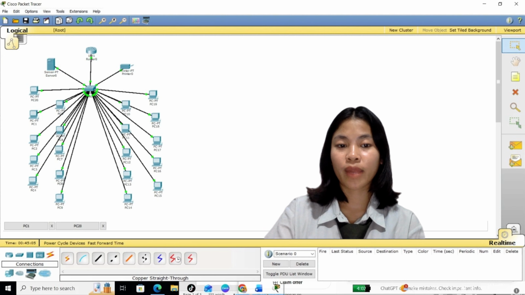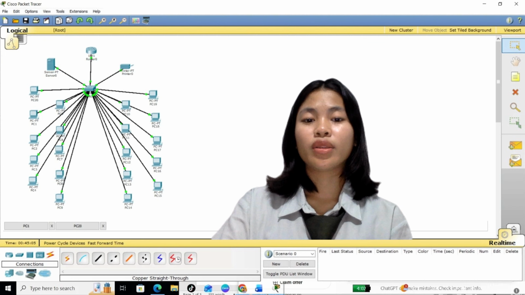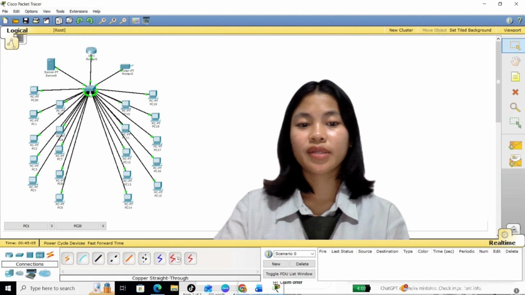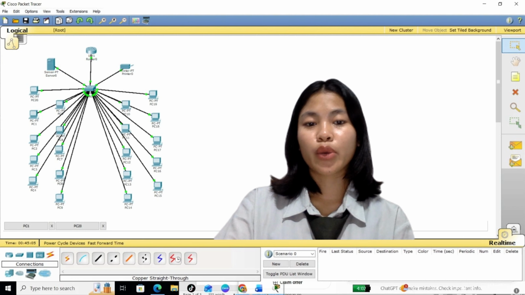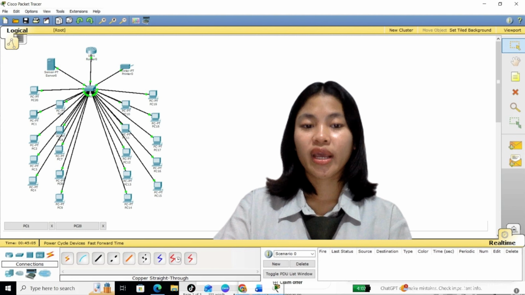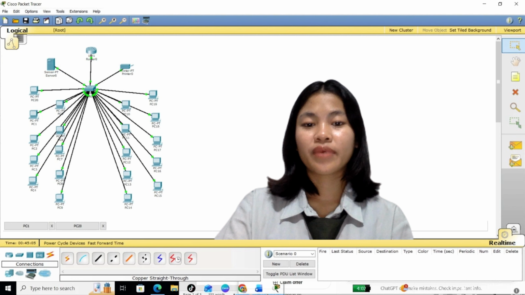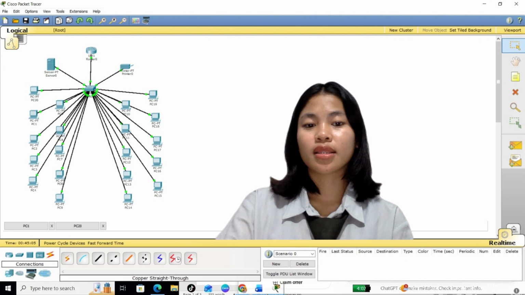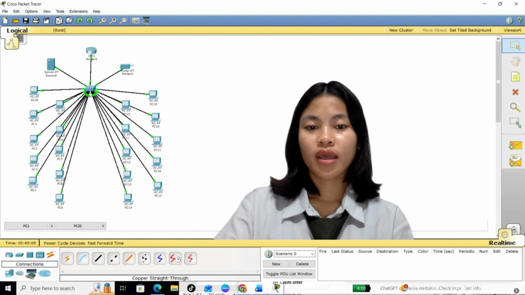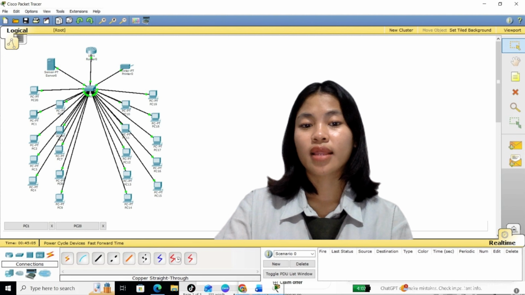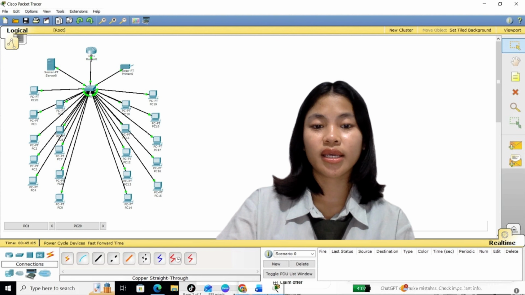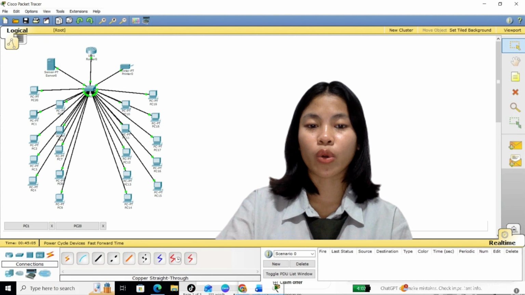After all devices were connected and the IP configuration was complete, the next step was to test connectivity using the ping command. This test was performed to ensure that all devices could communicate with each other on the network. Based on the test result, ping to the server, printer, and client computers were successful with a packet loss rate of 0%. This indicates that the network configuration is working properly and all devices are connected according to the design.